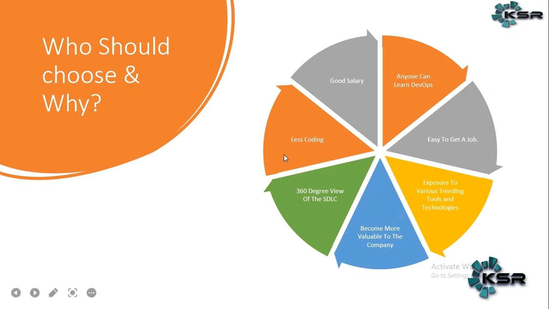Okay, and less coding. It is not like a developer role, it is a DevOps role, which involves scripting. We will not have coding-level programming languages, I mean to say. In scripting you can also use a programming language, but we are not going to develop. So we are not going to do the developer activities.